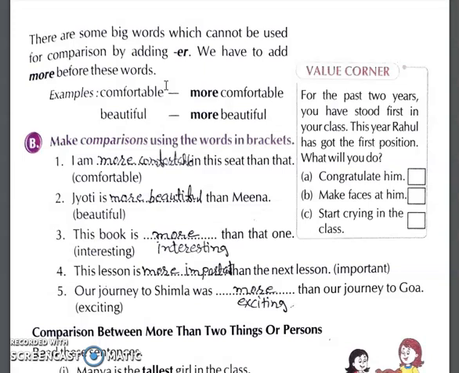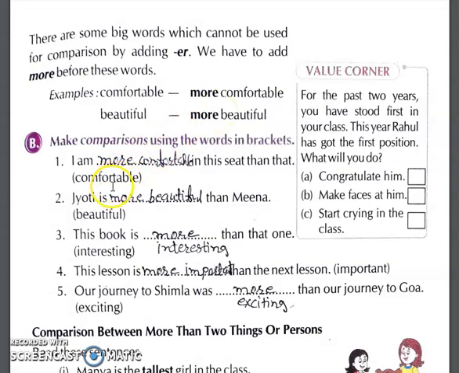We have to add more before these words. Here are the examples. Comfortable. So here we can't add er, comfortable, so it will not proper. That is why we have to write more comfortable. Beautiful. For these we will not write beautifuler, but we have to write more beautiful.